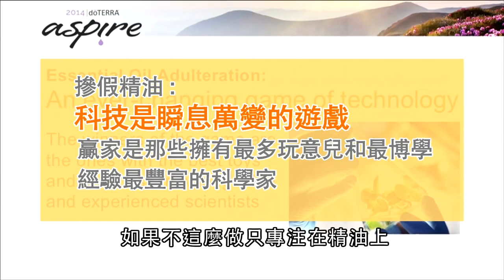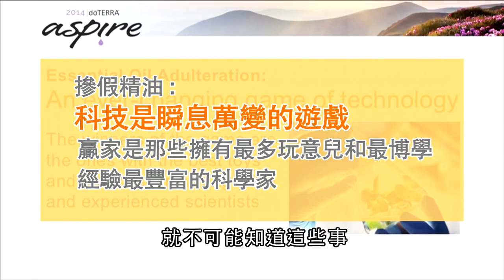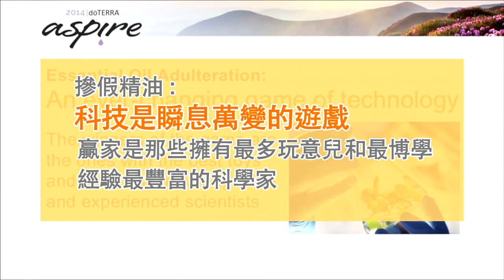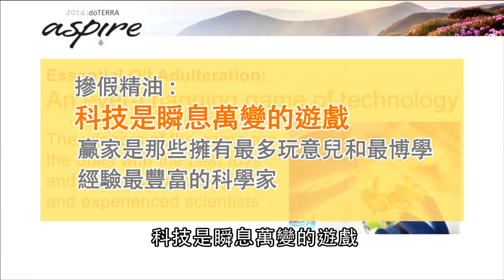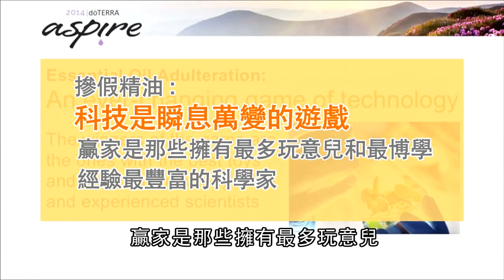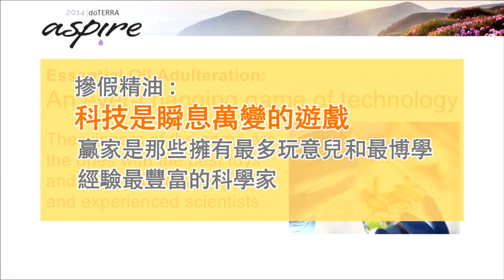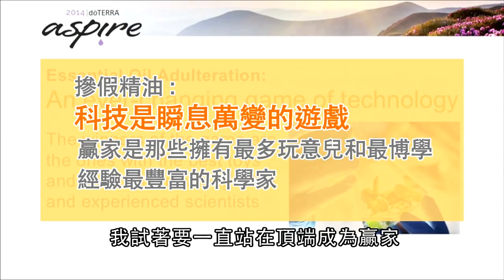If you don't do this and you just look at essential oils, you will never know these things. And my background in the perfumery industry is what's enabled me to stay on top of these things. It's an ever-changing game of technology. And the winners are the ones with the best toys and the most knowledgeable experts. And I'm trying to stay on top of that and be that.